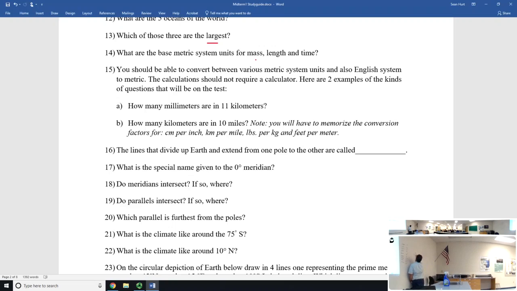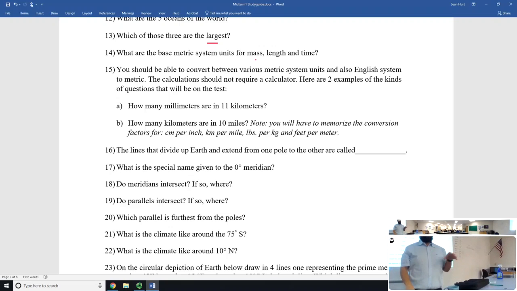This is the most extreme thing you could ever have on this test. That would be 1,000, a million, a billion, a trillion, so you have a trillion. So there's a trillion micrometers in a megameter. That's what that's saying, okay? That's the most extreme you could ever have.